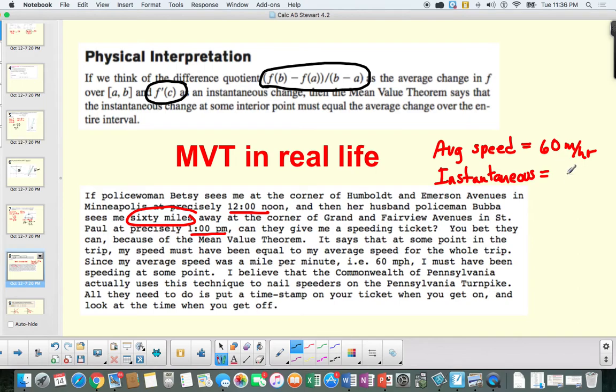So we know that there's going to be some point at which the instantaneous rate of change is equal to the average rate of change, because we have satisfied the mean value theorem. So if the speed limit is 55 or 45 from this location to this location, then yes, we're going to get a speeding ticket.